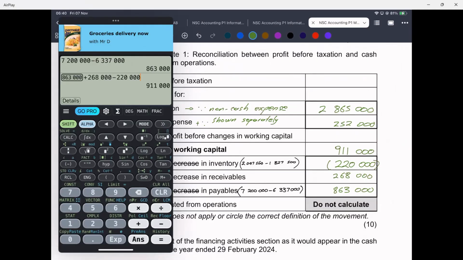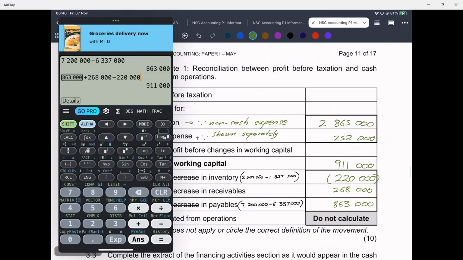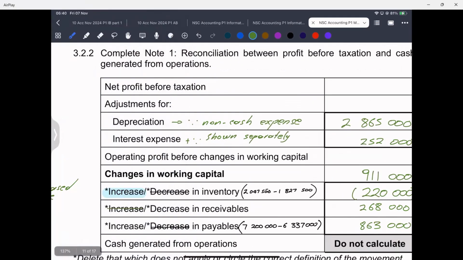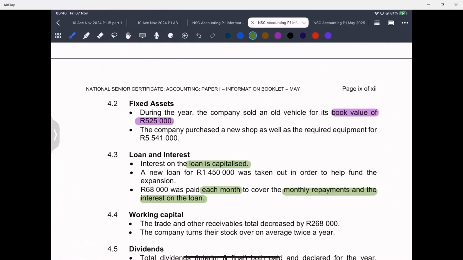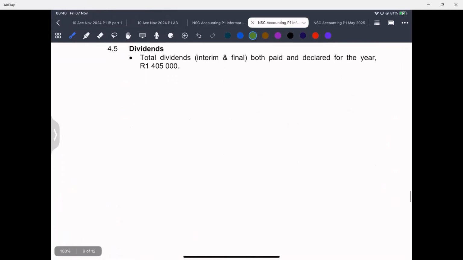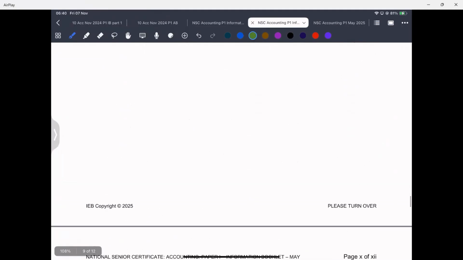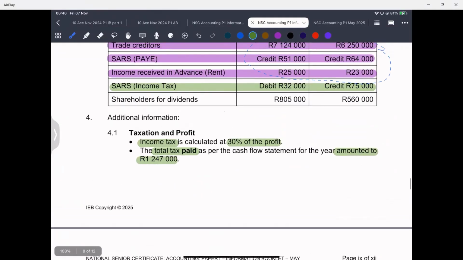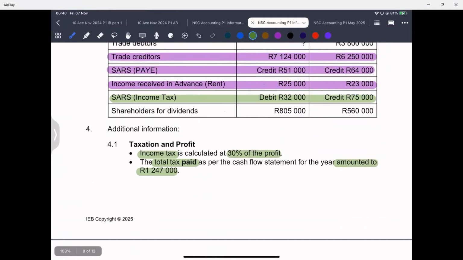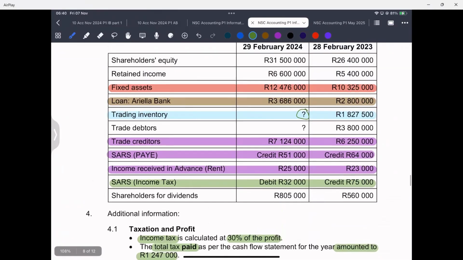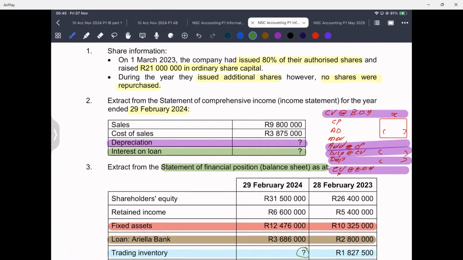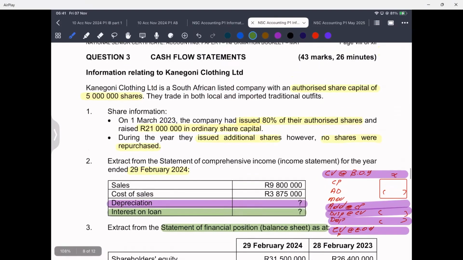It's positive. Now we're only left with our profit before taxation. Let's see what they say. Oops, they're not giving me anything here. They're giving me sales, income tax. I can't use that. Basically, they are just not giving me anything.